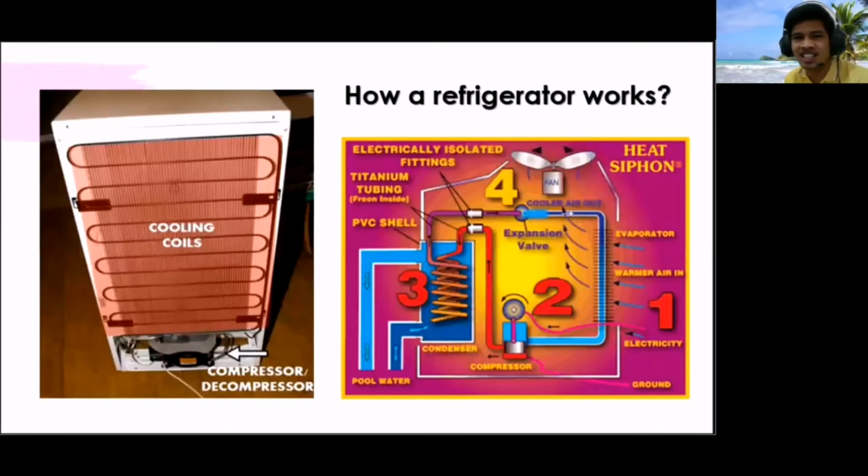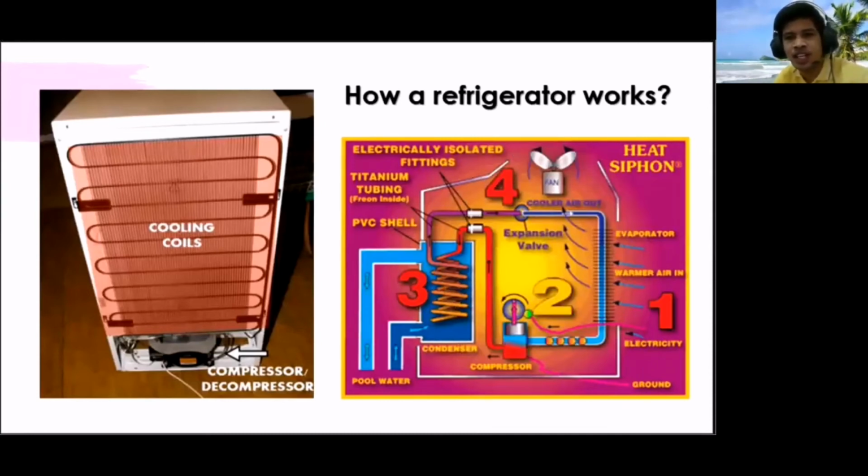A condenser, okay? If you look here, we have number 1, 2, 3, and 4. This one here, number 2, is a compressor, and number 3 is a condenser, or what Modtanoy said, a decompressor. So the refrigerator works by taking heat from the interior.